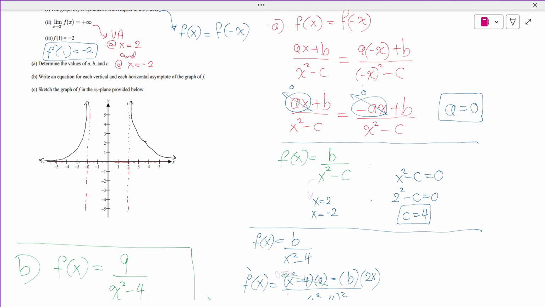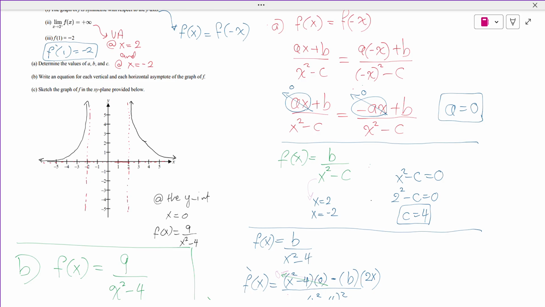But what about the middle one? Well, let's find the y-intercept. We know that at the y-intercept, x equals 0. So the function f of x equals 9 over x squared minus 4.